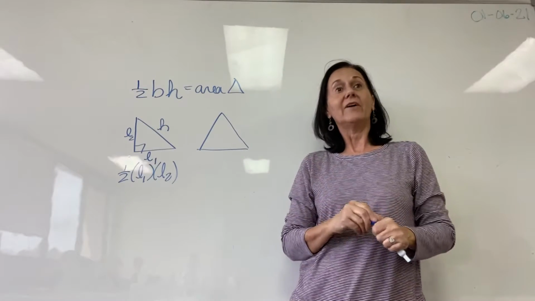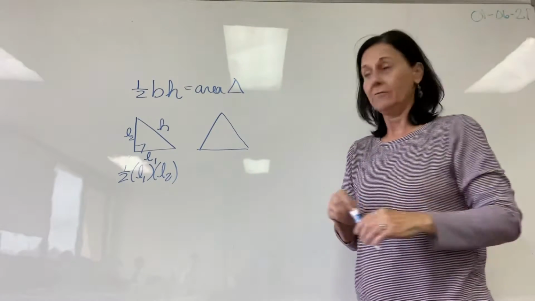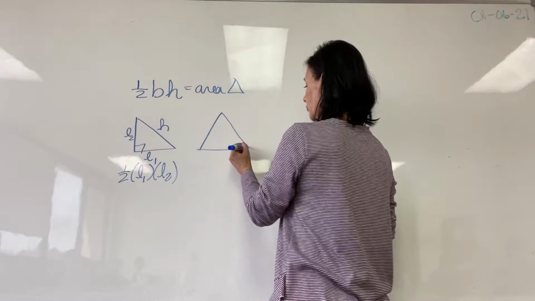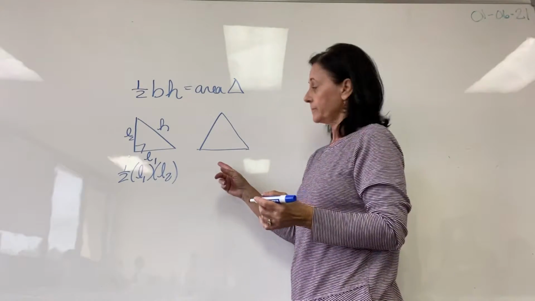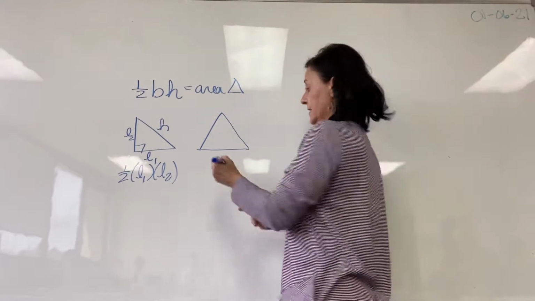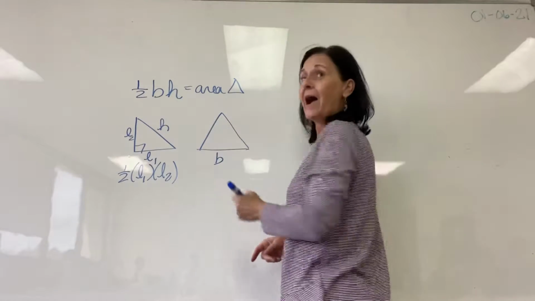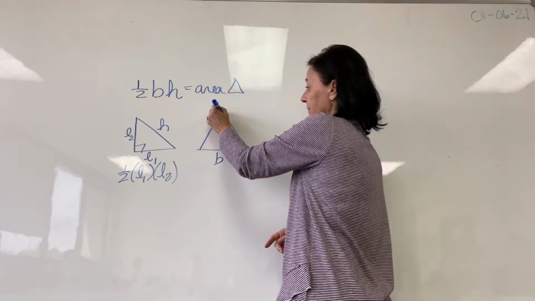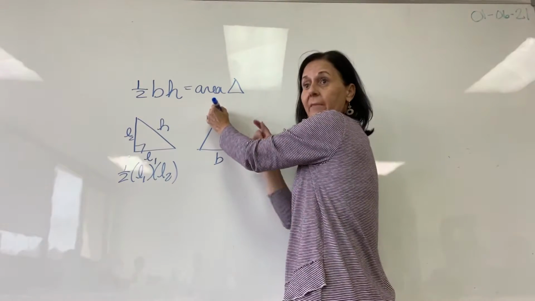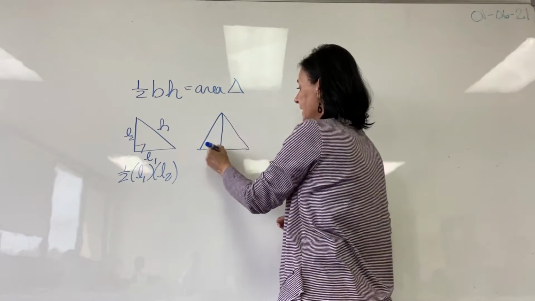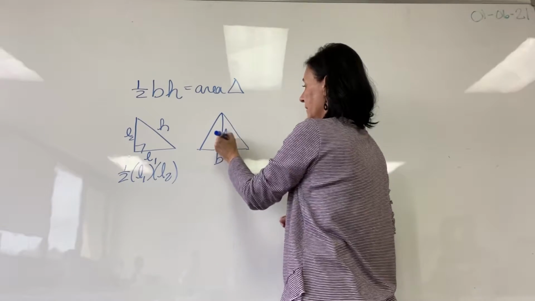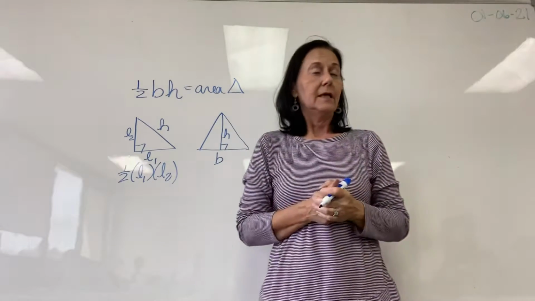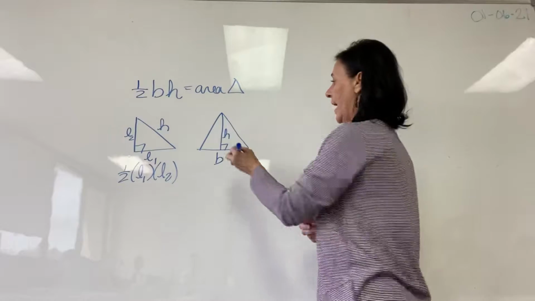When we have an acute triangle, you just choose one of the sides to be your base. Your height goes from the vertex of the opposite side of the base perpendicular to the base. So that's your height. It is also referred to as your altitude.